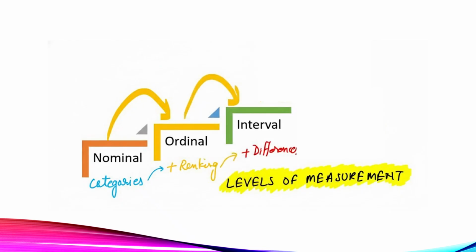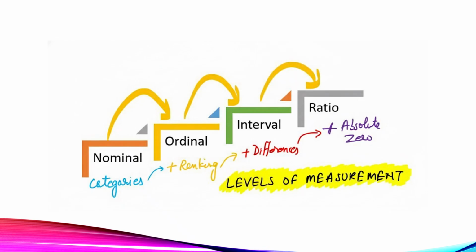For interval, these are already continuous data. They have a wide variety of values, interval and also ratio. These are usually involving decimals, unlike the ordinal and the nominal. Now, the only difference between interval and ratio is that in interval, the 0 doesn't mean nothing. Like temperature: temperature at 0 means there is still temperature, but it's just a cold temperature, 0 degrees Celsius or Fahrenheit. But for ratio, 0 means nothing.